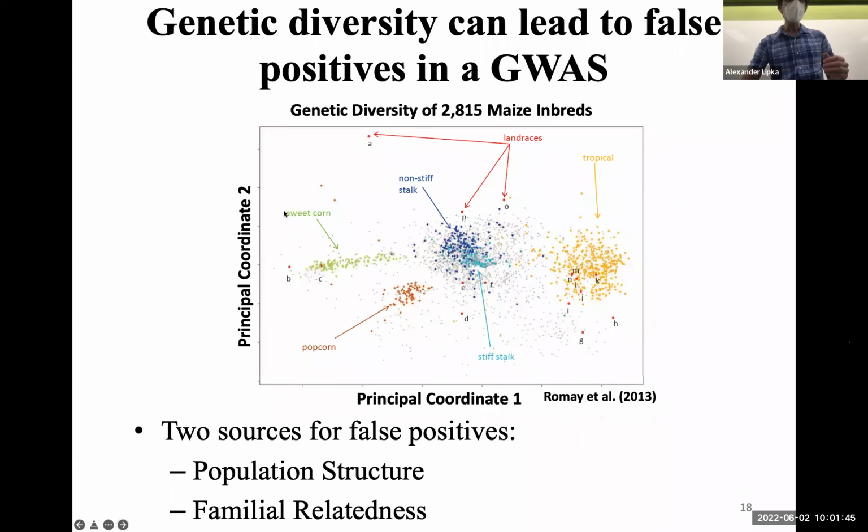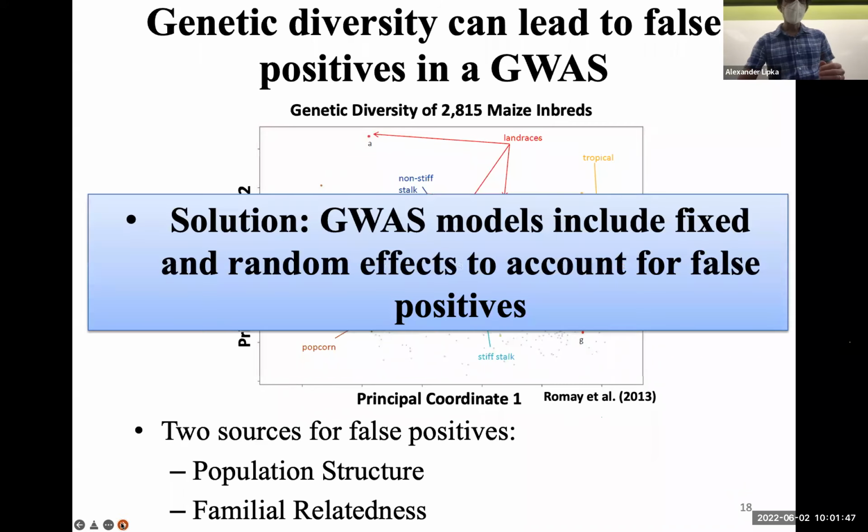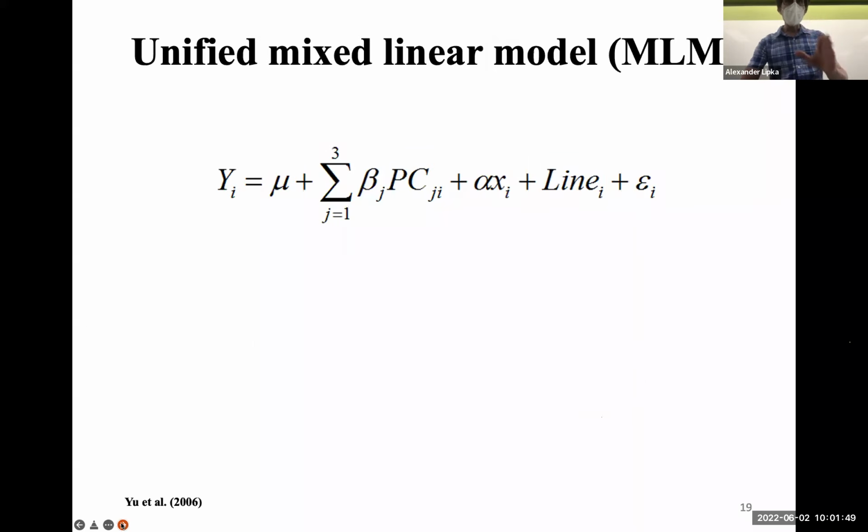My opinion is that the good old unified mixed linear model is the most effective way to account for population structure and familial relatedness.